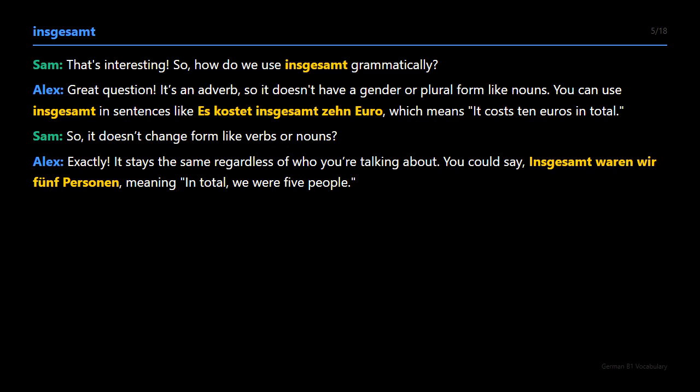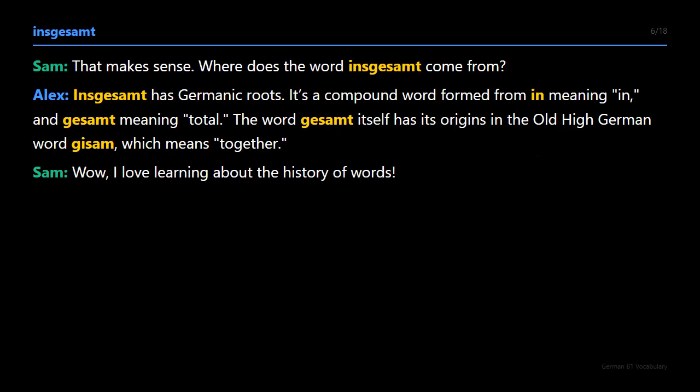You could say, Insgesamt waren wir 5 Personen, meaning in total, we were 5 people. That makes sense. Where does the word insgesamt come from? Insgesamt.